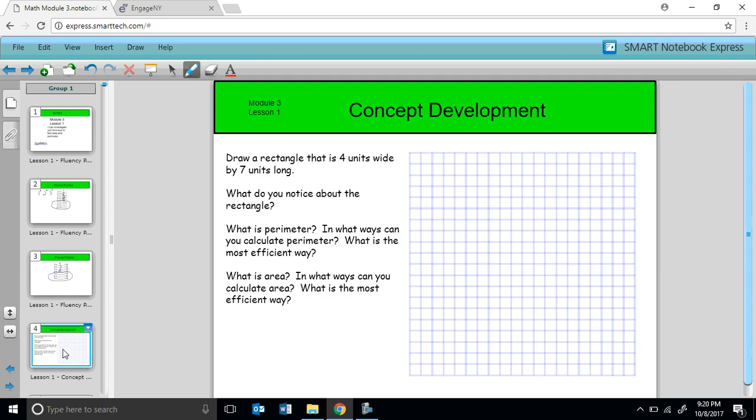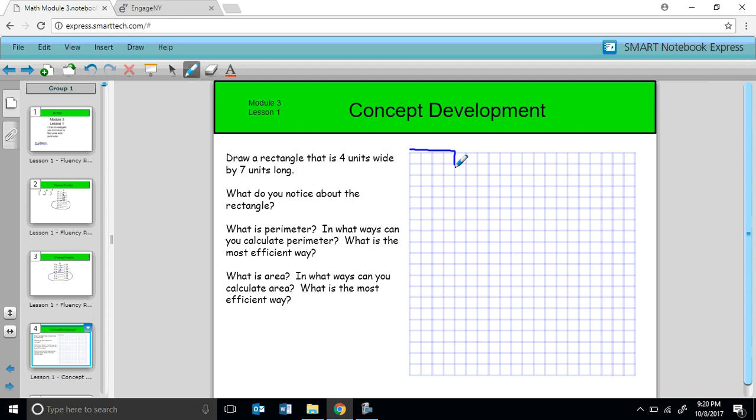Alright, now really quick, we're already in concept development today. This is a fast-paced lesson, I should say. Draw a rectangle that is 4 units wide by 7 units long. For this one, you're going to watch me, and then you'll do. So we have 1, 2, 3, 4.